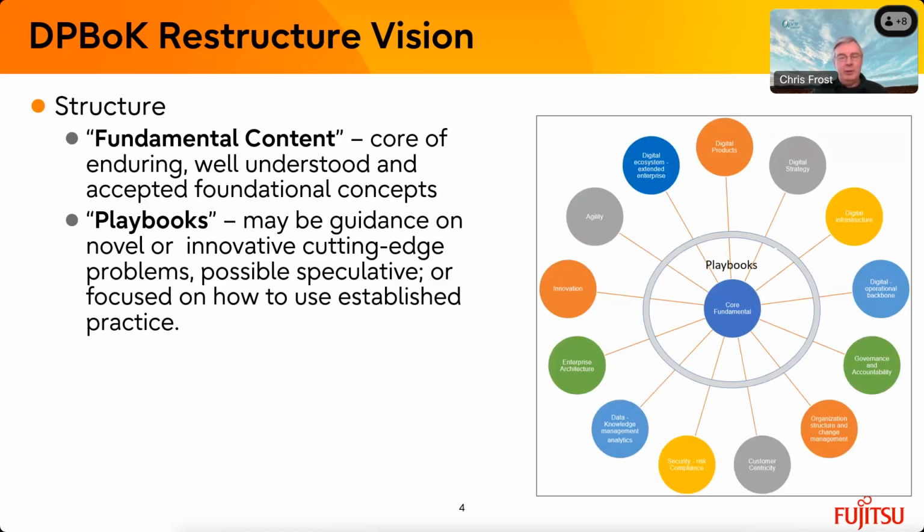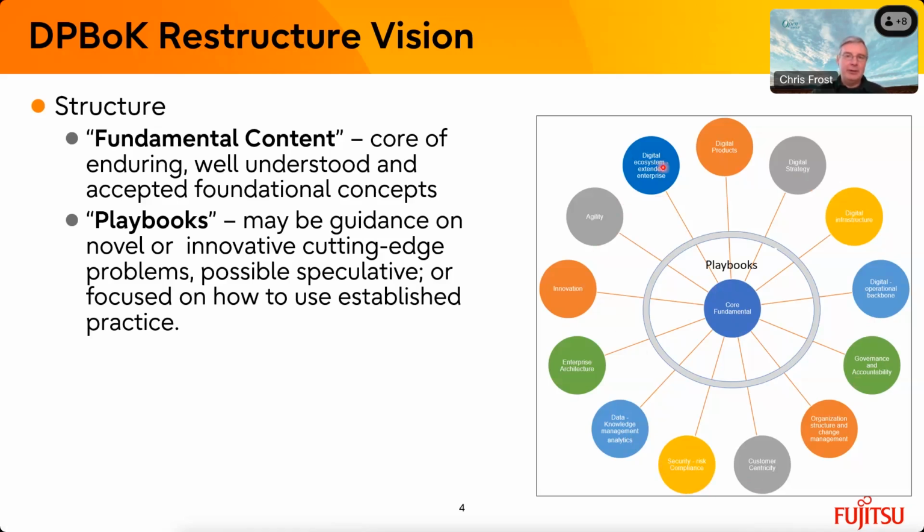And within the working group and with others, we've used this graphic, this visualization, of how we have this core at the center of the new material, and then a number of playbooks around the edge, linked to that core material.